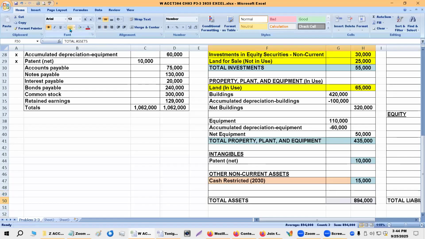All right, let's jump to the other side and see if we can get that same amount.